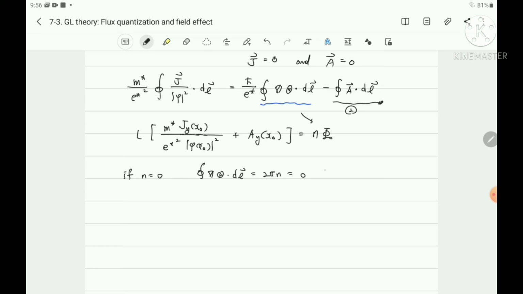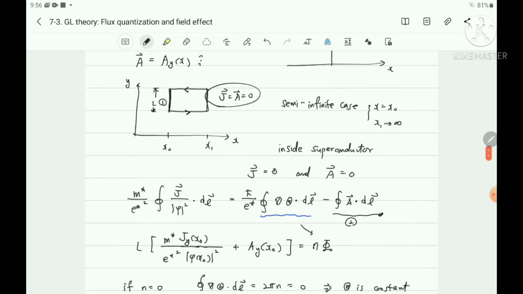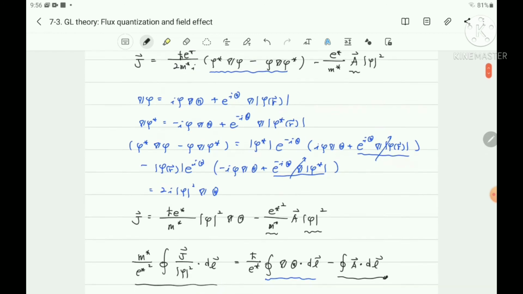It means that zeta is constant. Zeta is constant means that the gradient phi and the gradient phi star equal each other, and therefore the first term cancels.